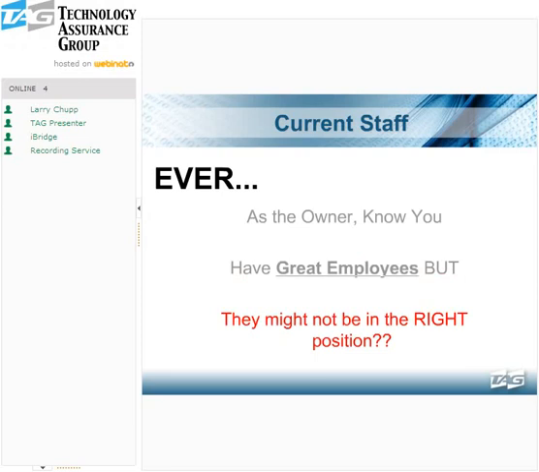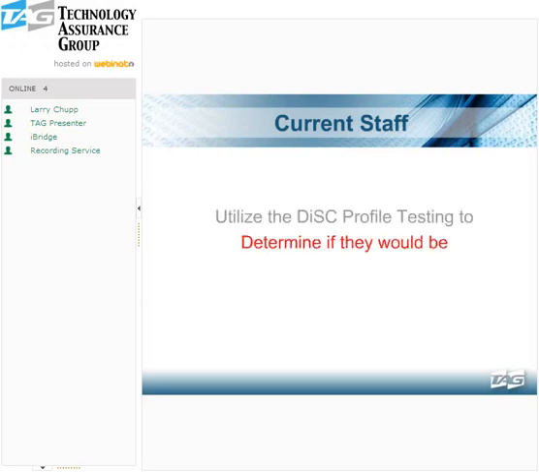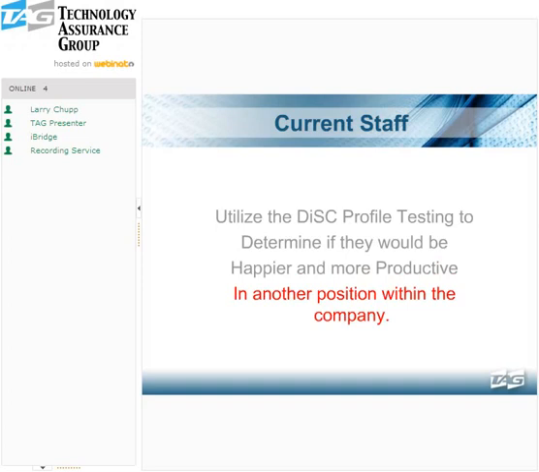I've done this kind of test for new TAG members, and for some of our strategic partners as well, and helped them move people to other positions within the company. When you do it right, people become much more productive and happier on the job. But you talk to them first and determine if they would be happier and more productive in another position in the company. And boy, this works, James.